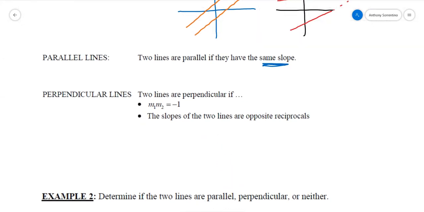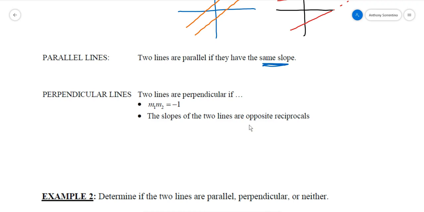The other one that you're often asked to do, and we're not measuring angles or anything like that, which is what in geometry we often do to determine parallelness or lack thereof, is perpendicular. Perpendicular means they intersect and form 90-degree angles, much like a vertical and horizontal line. If I multiply the two slopes together and get -1, that means the slopes of the two lines are opposite reciprocals.